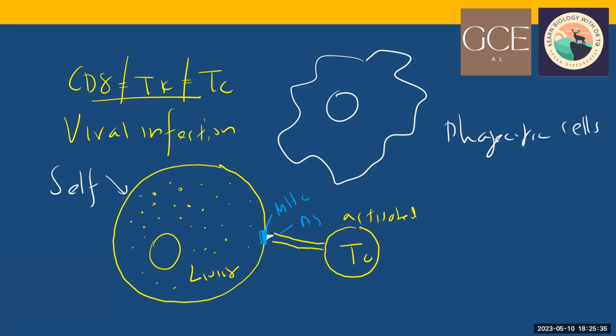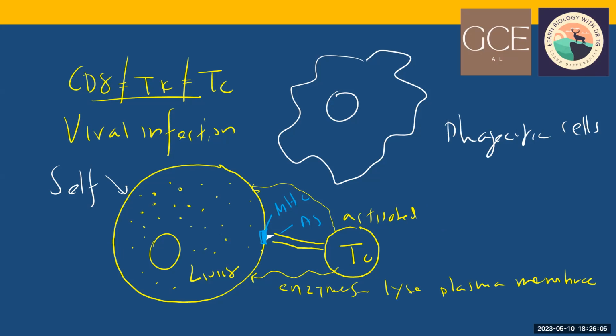Then next, this cell secretes enzymes. Cytotoxic T cells secrete enzymes. The enzyme lyses the plasma membrane of the cells.